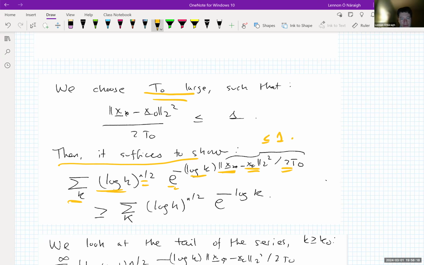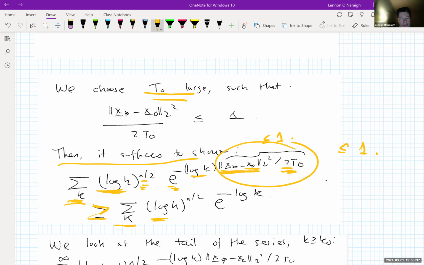So it suffices to look at this, because we have this bound.